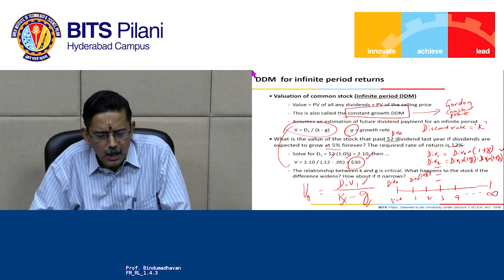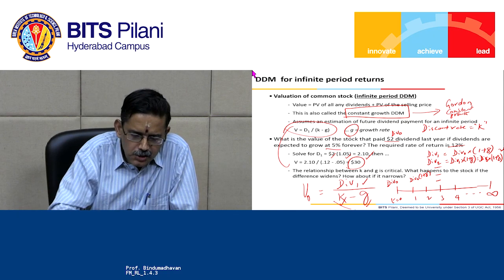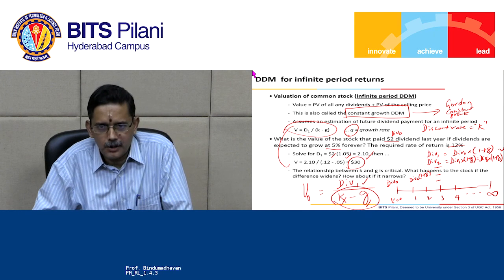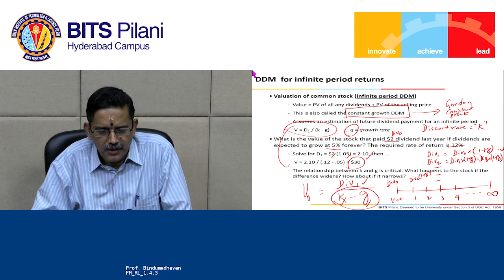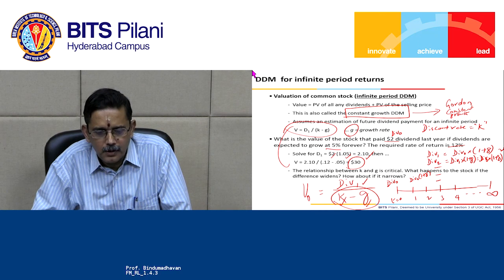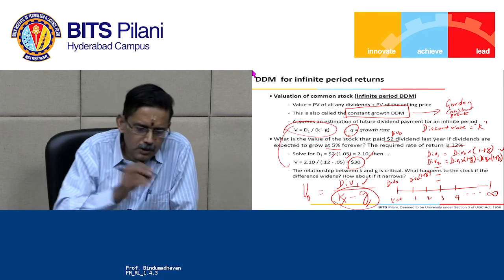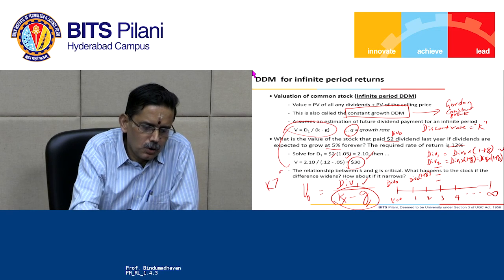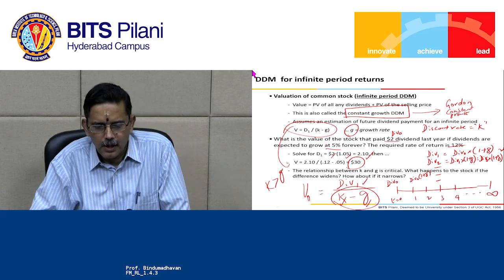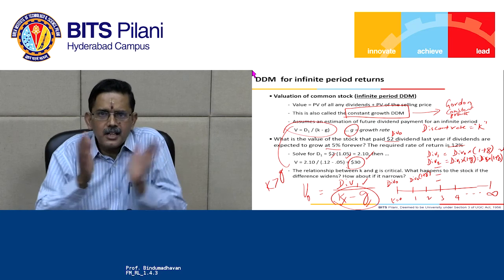Now in this formula, notice that the relationship between k and g is very important. If g is more than k, then what happens? The denominator will become negative and we will get a meaningless answer. So one important thing for this model is that k should always be greater than g. And how different are k and g?